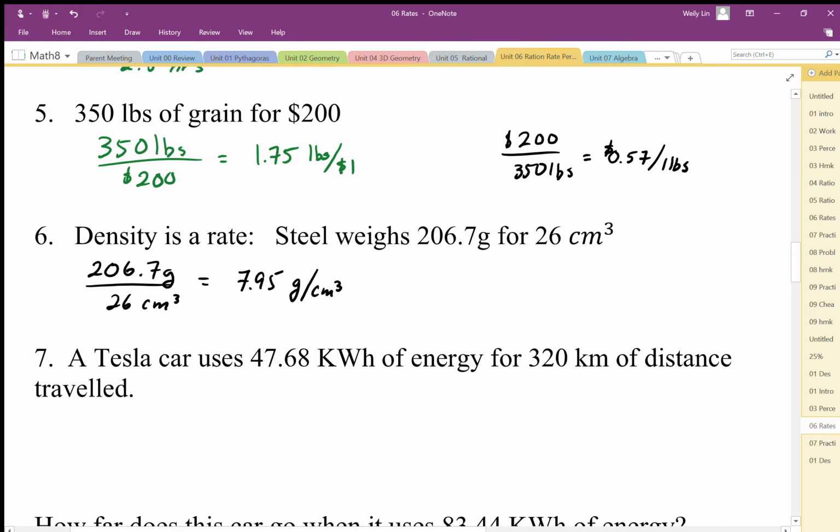So the bigger that ratio is, the more dense or more heavy something feels. Okay? But it's not just the mass by itself. It's the mass compared to the amount of volume it takes up. We could have 100 grams of mass of very dense material like gold. That would be a very small amount.